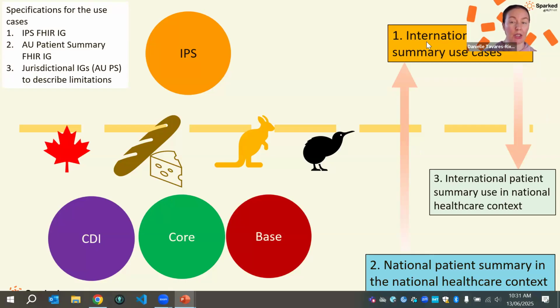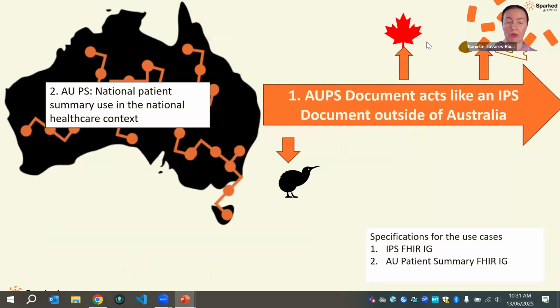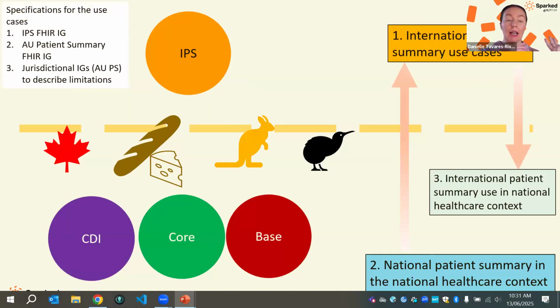The IPS FHIR IG and all the things it's conforming to are handling the international patient summary use case. For us, AU patient summary is handling our national patient summaries in a national healthcare context while ensuring that they can be used as an IPS in an IPS context.